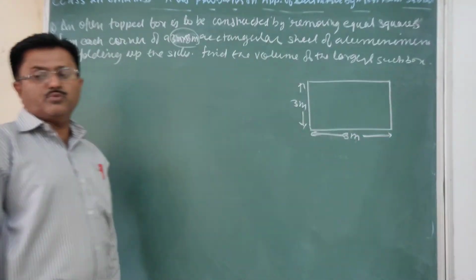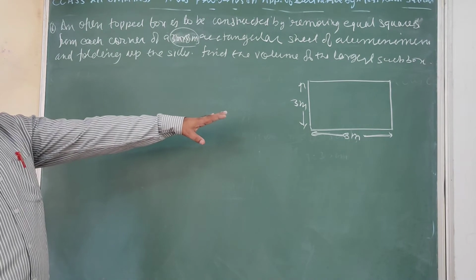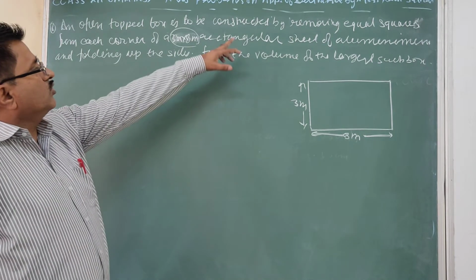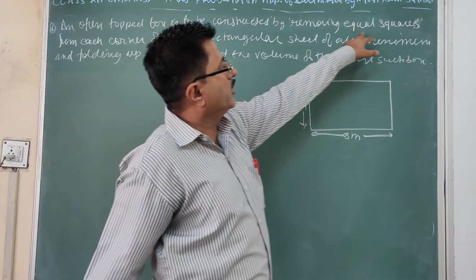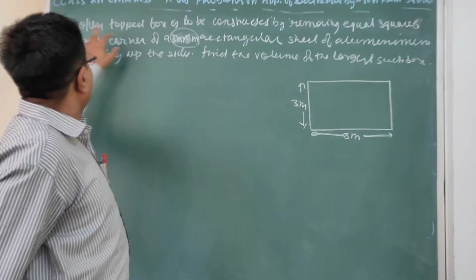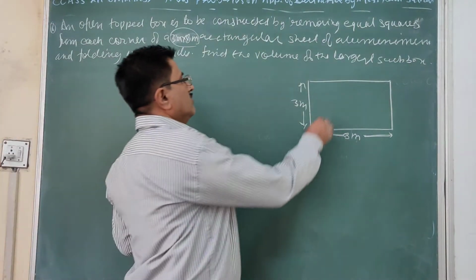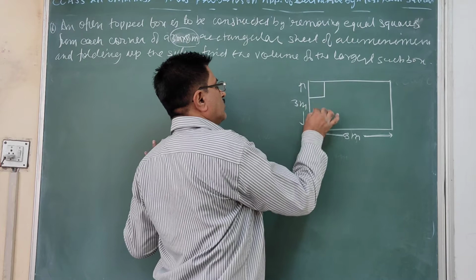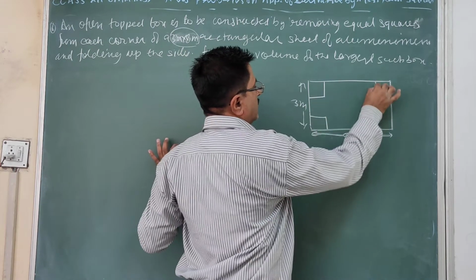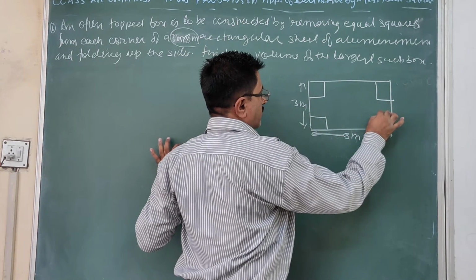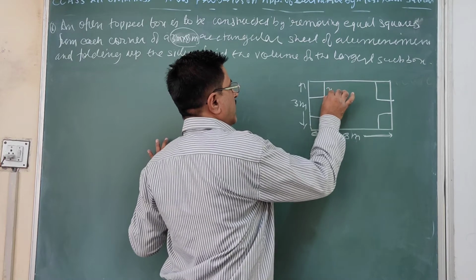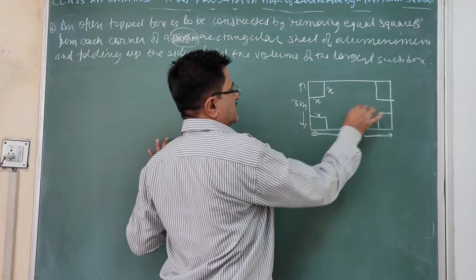Now from this aluminum sheet we have to remove equal squares from each corner. From each corner you have to remove this, or we cut this. Suppose this side we can consider as x.